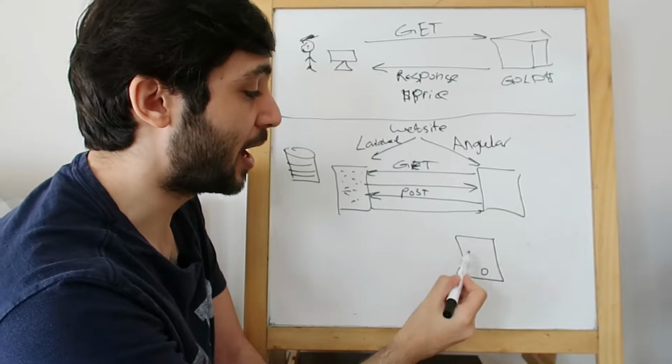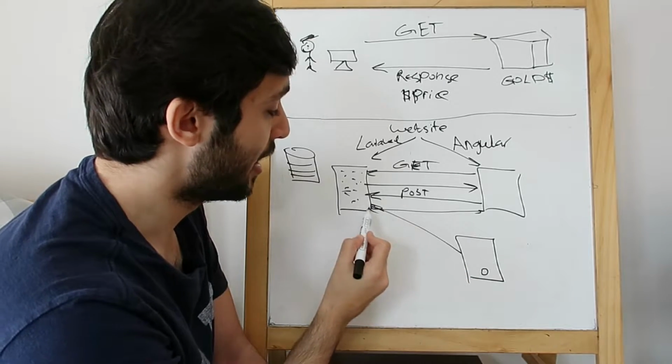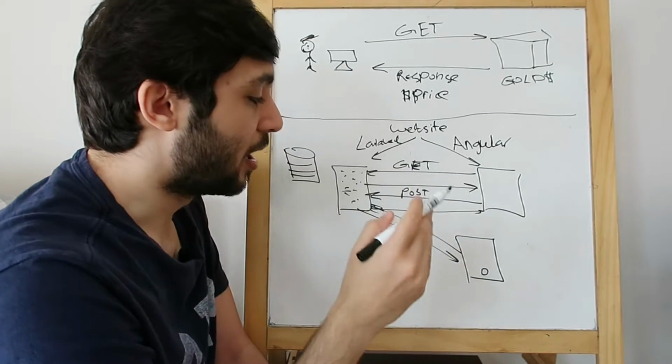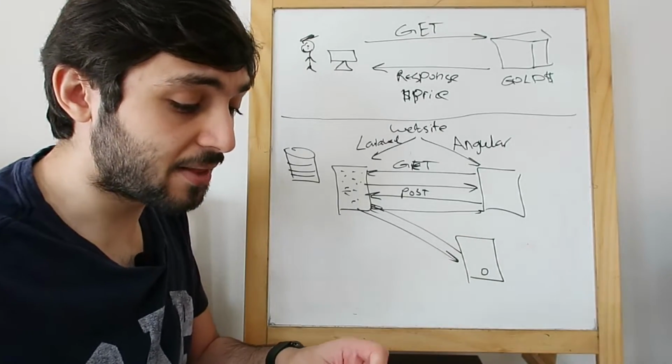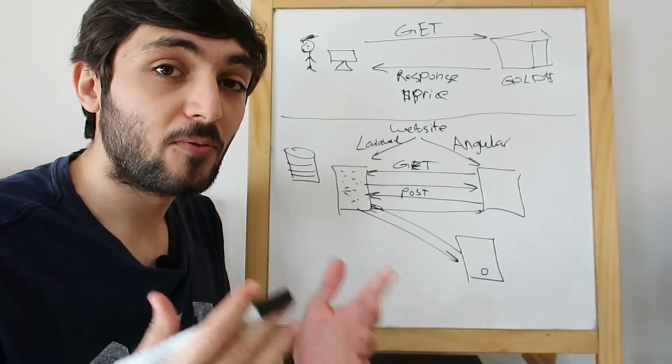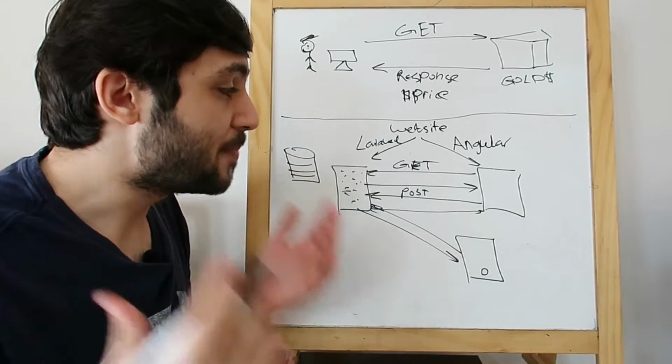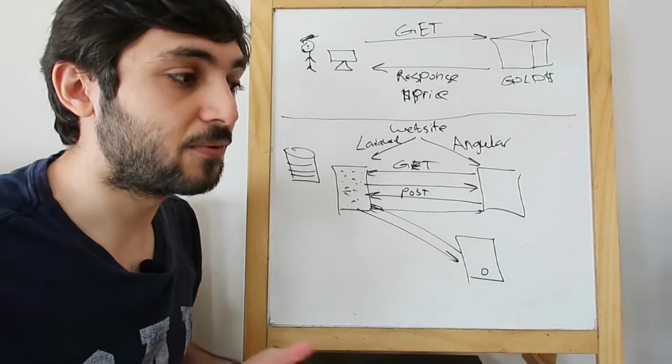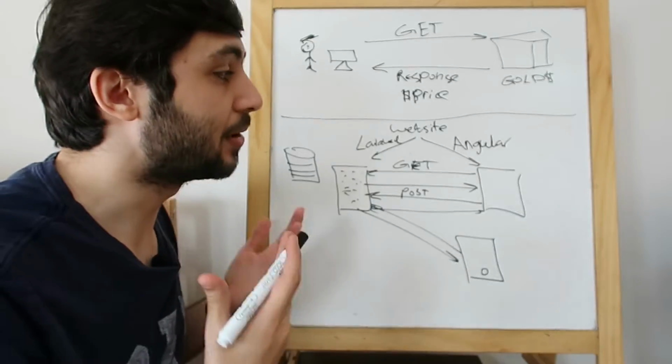So here you will have API calls that get the information, and the backend will send the information back. This is another example of using APIs in real life.